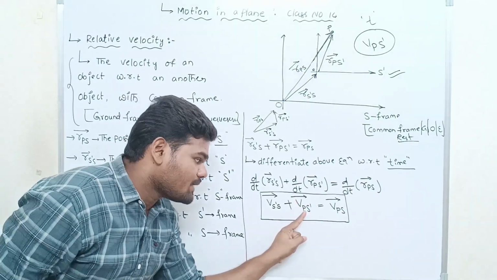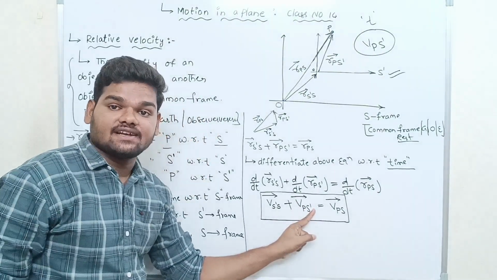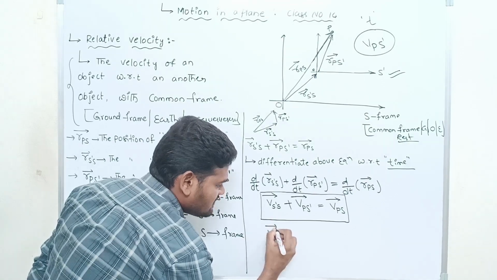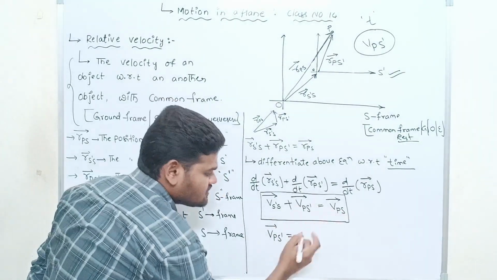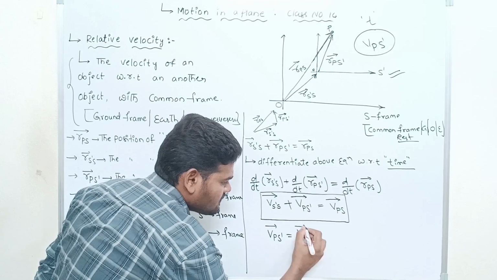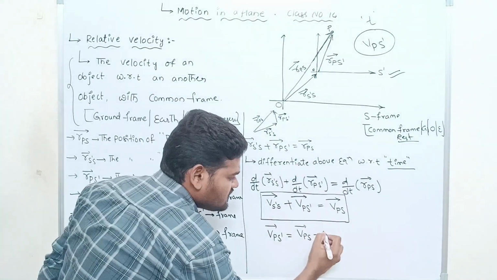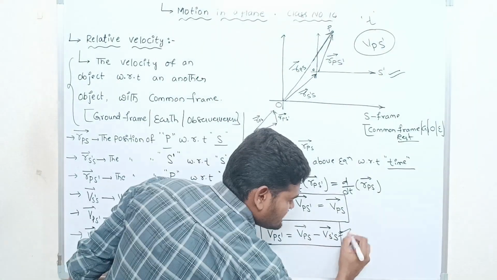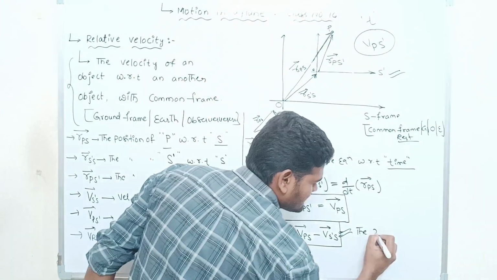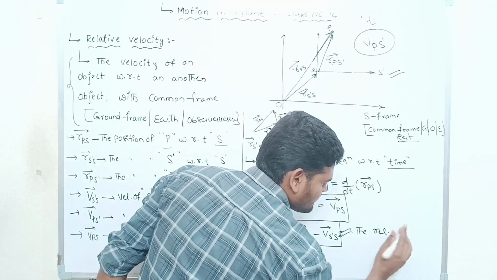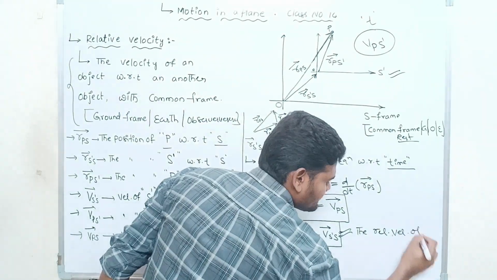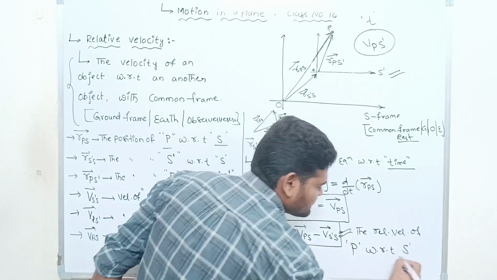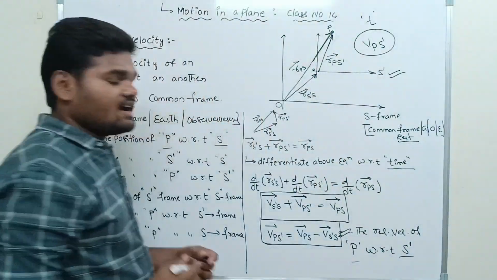So the velocity of particle P with respect to S dash frame. So V P S dash is equal to V P S minus, if this term goes to that side, V S dash S. So this equation shows the relative velocity of particle P with respect to S dash frame.